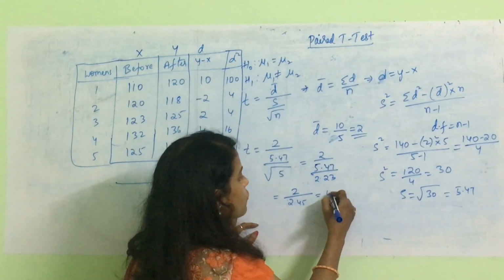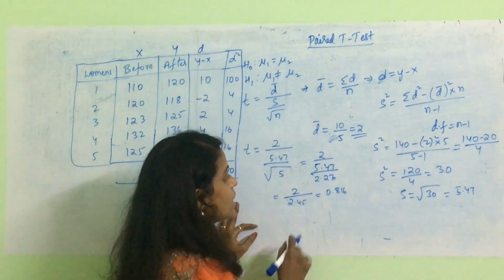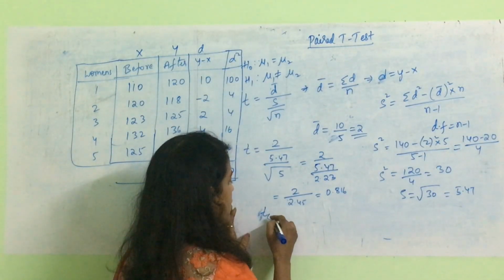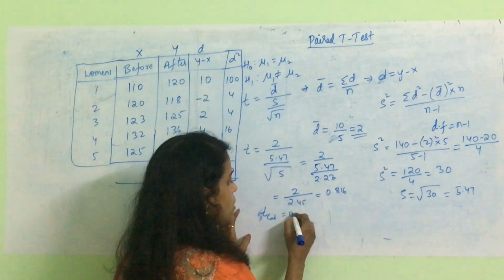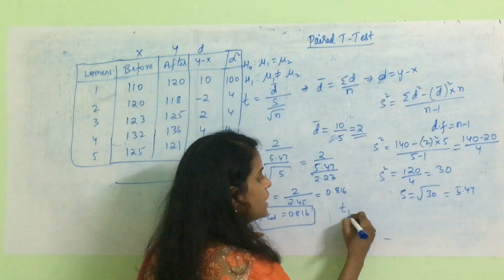Then 2 by 2.45 is 0.816. This is your t calculated value, 0.816. Now you have to find the t table value.